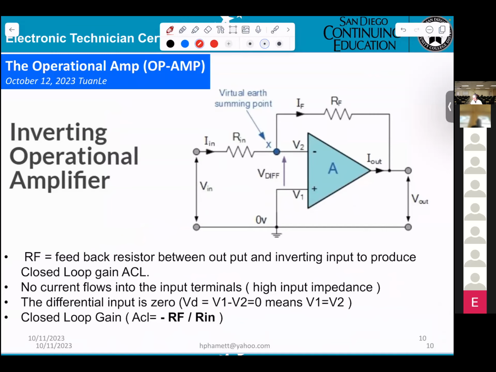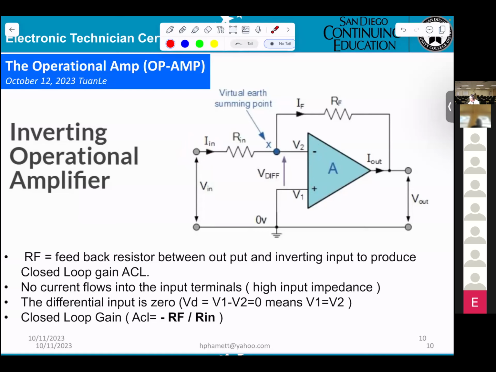Now, this is the inverting. Inverting means your input here connects to the negative. That's inverting. If the input connects to the positive, the circuitry will be a non-inverting amplifier. Now, first we're working with the inverting amplifier.